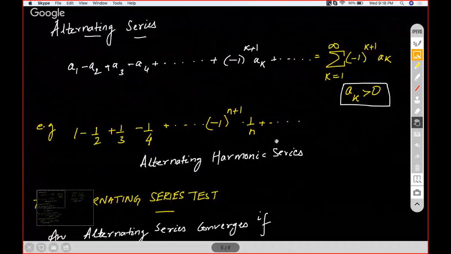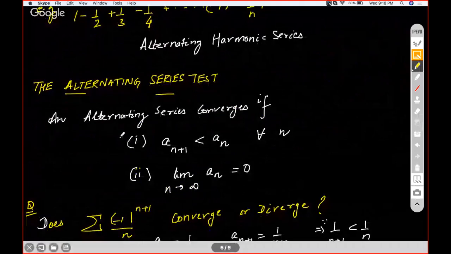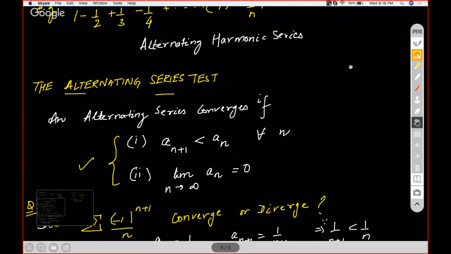So all you need to check for convergence of an alternating series is whether these two criteria are met. Now, in addition to it being convergent, you are trying to identify the type of convergence. It can be absolute, it can be conditional. So when do you call it an absolute convergence?